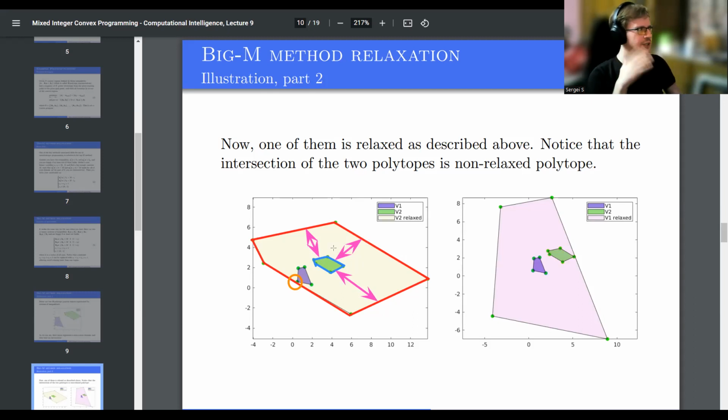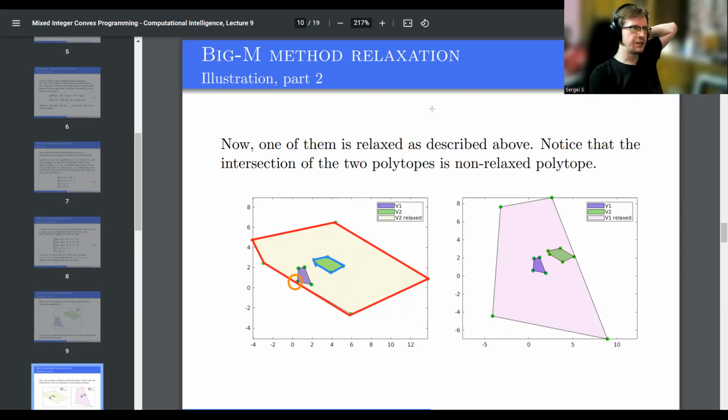So this is uniform big M, when M is just chosen the way I did it on the previous slide. But you could do it differently, of course. But you see, the point of relaxation is just to expand the boundary of the polytope, so it will subsume all other polytopes. Okay. So any x you choose would still lie inside this polytope.